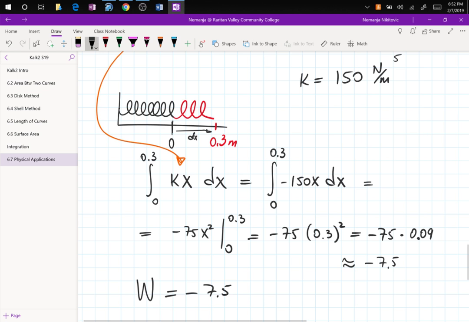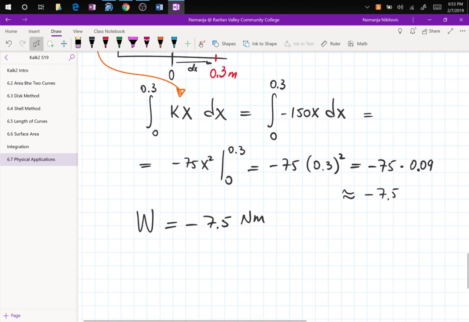The what? Is the spring pushing, or is the spring being pulled? This is from the frame of reference of the spring. So you have to think about the frame of reference of what we're talking about. And this is work of a spring, not your work, right? So you have negative 7.5 Newton meters for work.